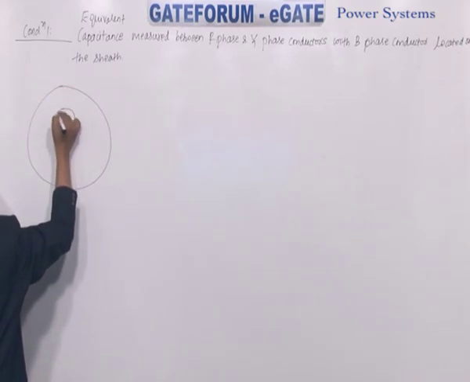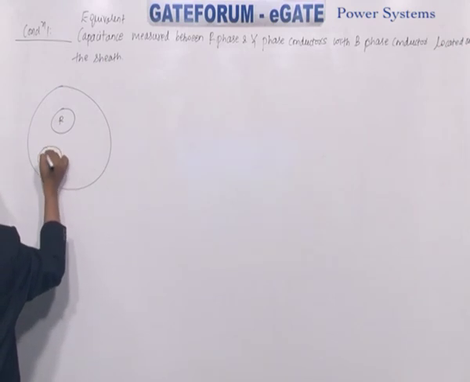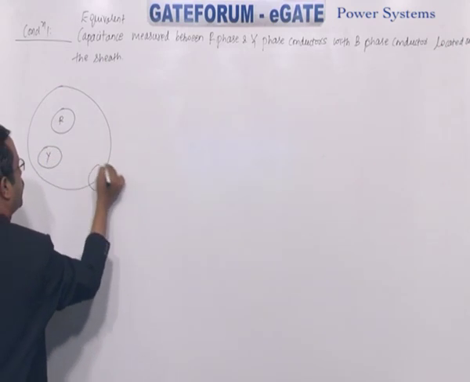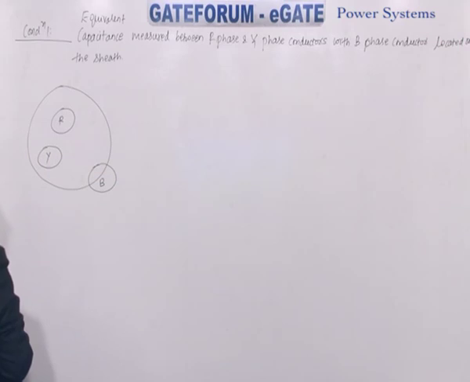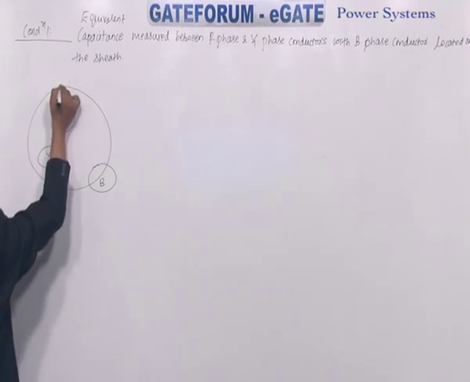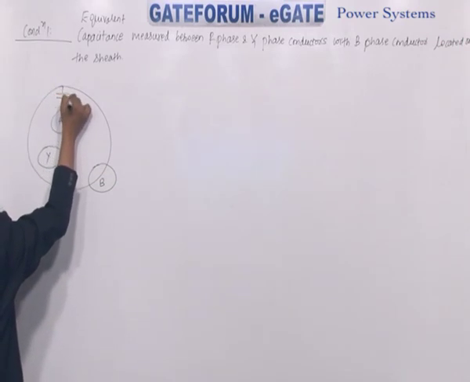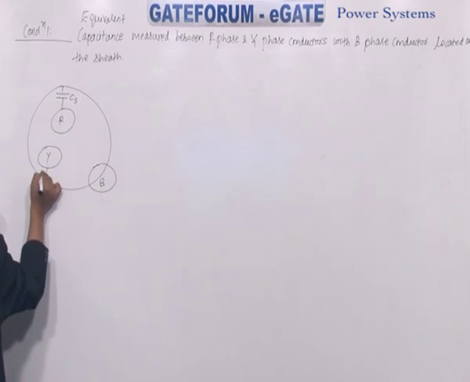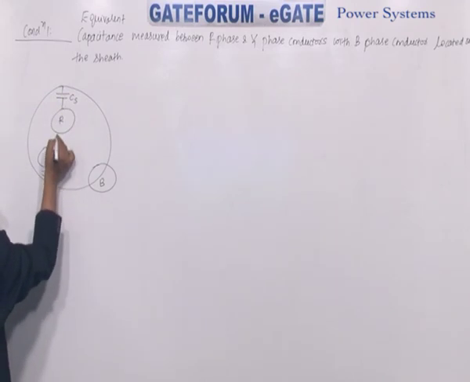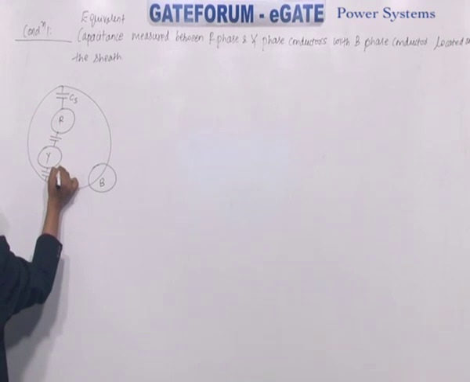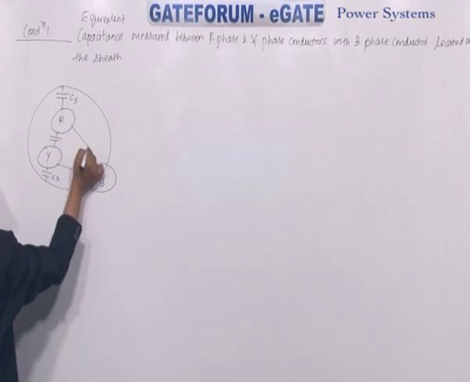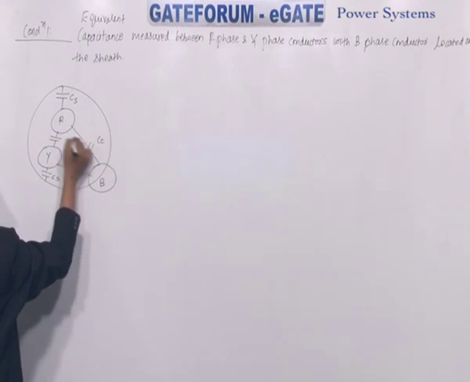So you have the R phase, you have the Y phase, B phase is located on the sheath. So you locate the capacitors now, CS, here it is CS, and between these two how much? It is CC.